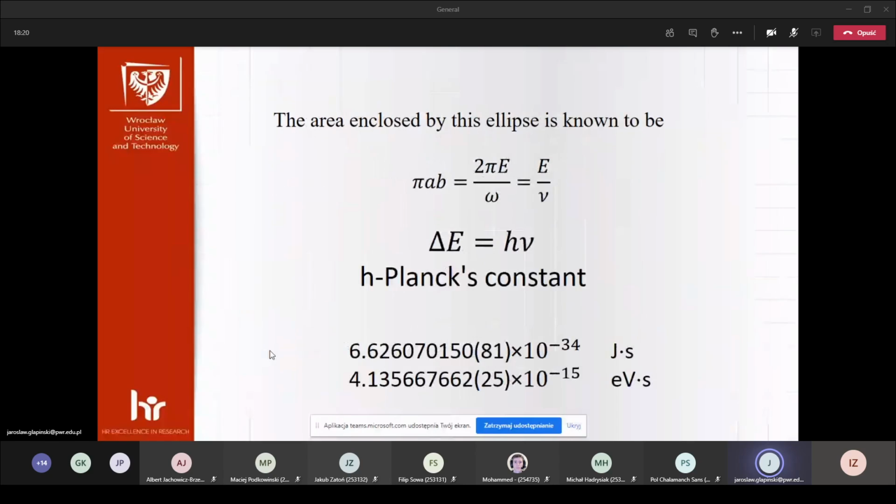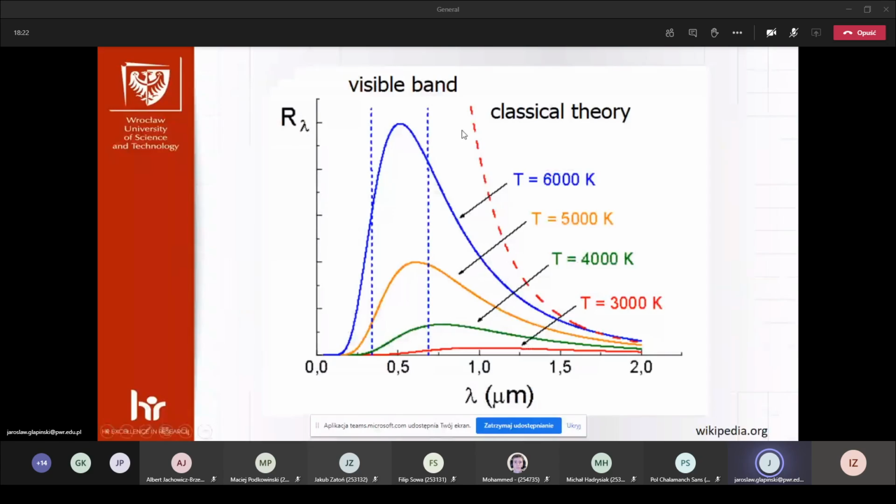and the classical theory, the Boltzmann theory, said that at a higher temperature we have higher energy, and high energy corresponds to the energy of wavelength; if there is more energy, the wavelength is shorter.